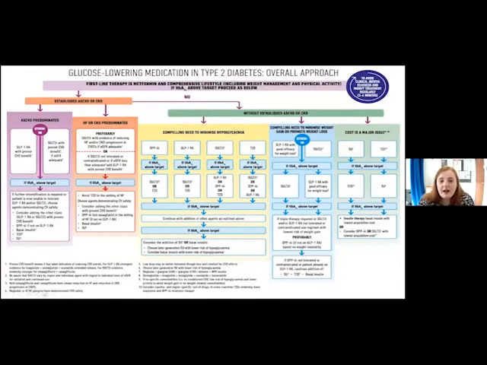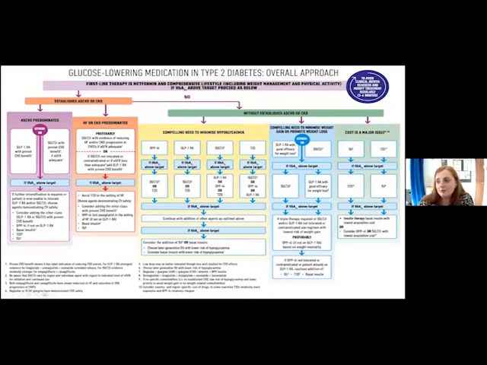And lastly, really another useful tool is from the American Diabetes Association. This looks much more complex than it really is, to be honest. You simply just want to look at this. What's your main concern? If you look at the purple column or the red column, it's cardiovascular concerns or heart failure, CKD.